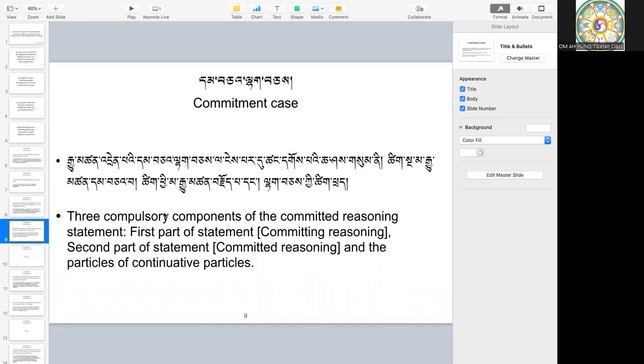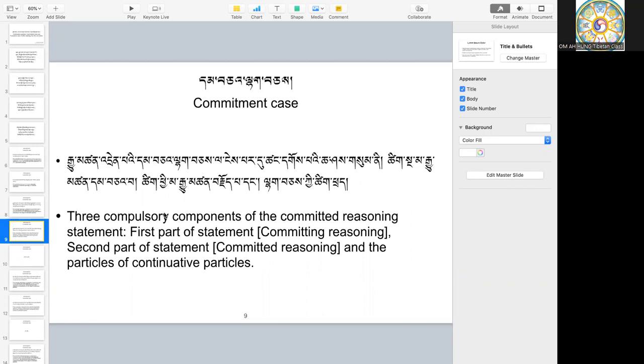Second part of the statement is the committed reasoning, the reasoning which was committed by the claim. And then the third compulsory component is the continuative particle.